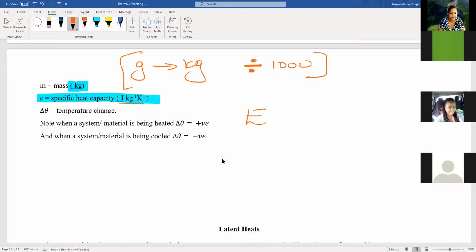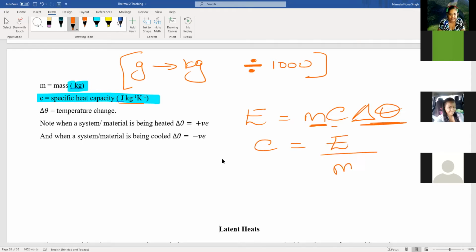My energy is equal to mass times specific heat capacity times my change in temperature. If I make C the subject of the formula, or transpose my formula, anytime I want to get rid of something being multiplied by a term, I divide by that same term. So C will be E divided by mass times change in temperature.